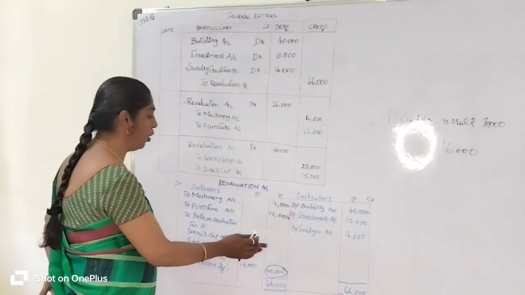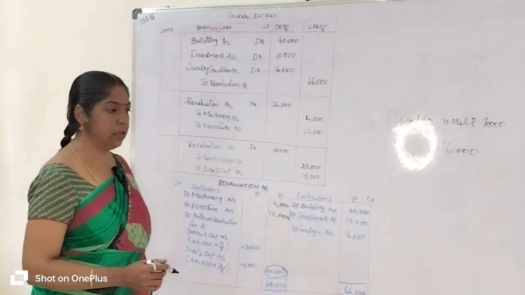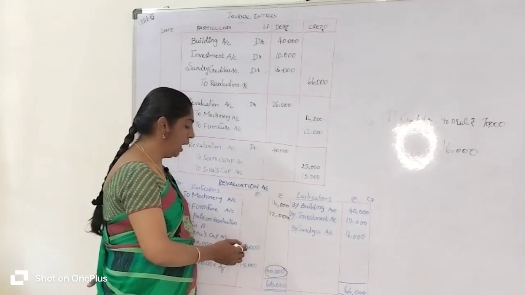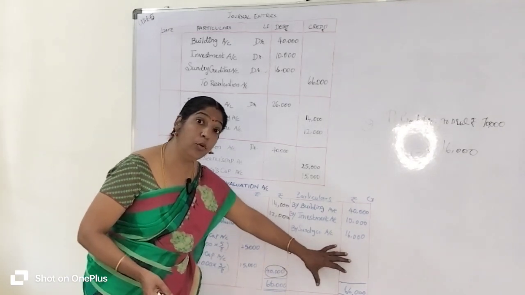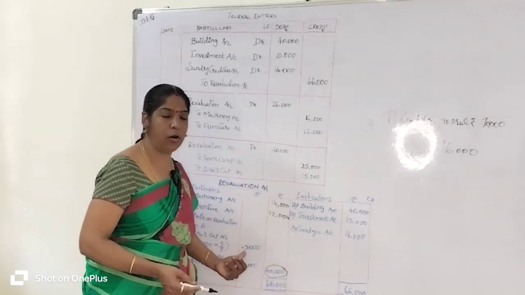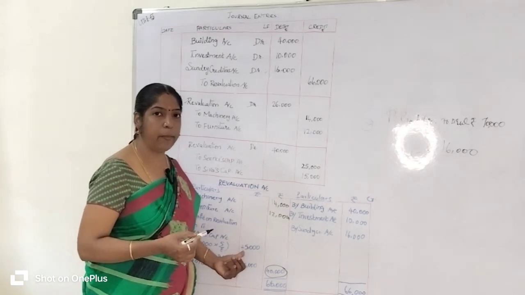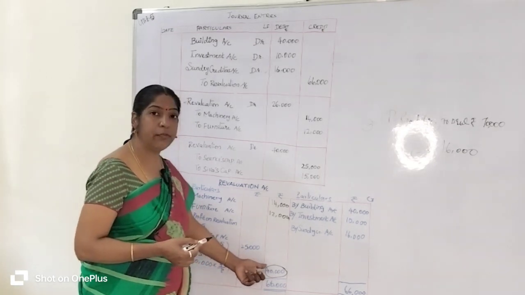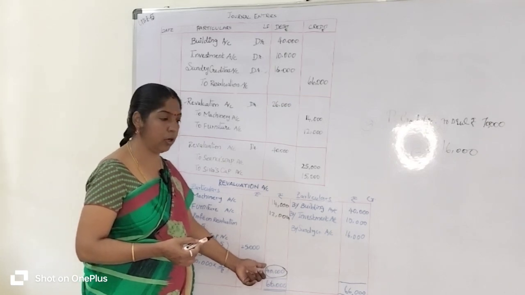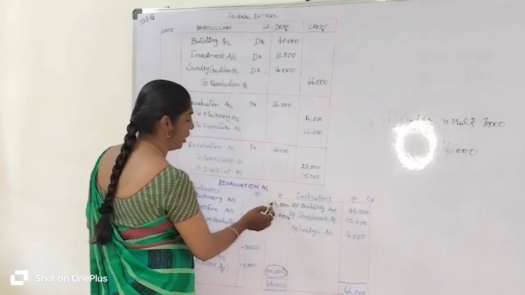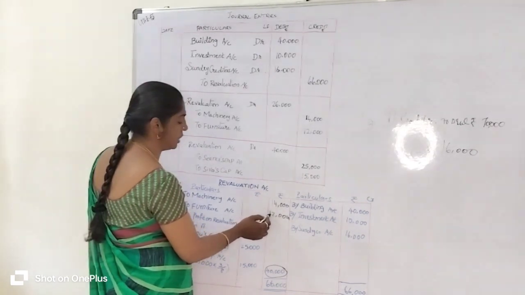Okay. Now we are going to find out the difference, the balancing figure. Listen, if you get the total on credit side, you will get the balancing figure on debit side. As per the format, that balancing figure on debit side is called profit. Got it? Listen, 14,000 plus 12,000 is 26,000.